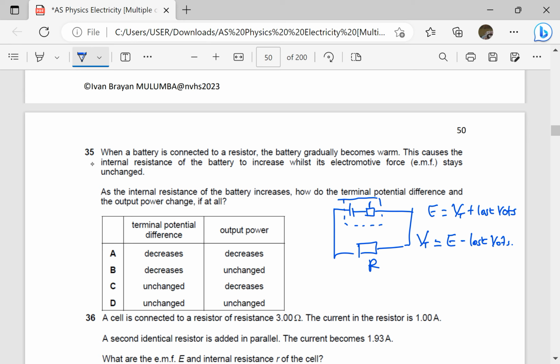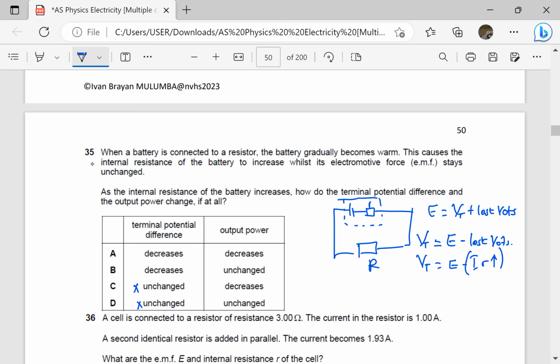So when a battery is connected to a resistor, the battery gradually becomes warm. This causes the internal resistance of the battery to increase. Note that terminal PD is going to be EMF minus I times internal resistance. So the internal resistance increases, which means the lost volts have increased, which means the terminal PD decreases. So this one is going to be true.